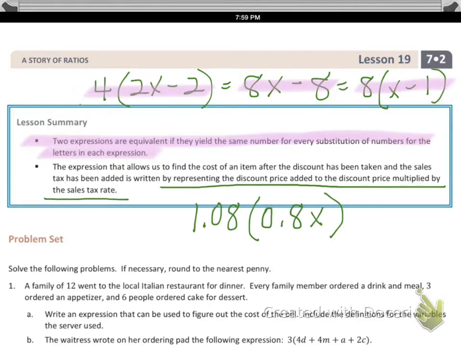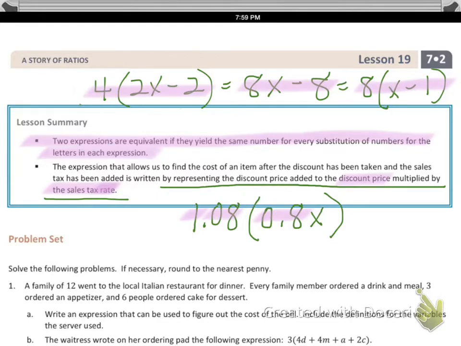So the sales tax rate in this case is represented by the 0.08. Okay, the original price is represented in the 1, and then the discount price is represented by the 0.8. Okay, because we have taken a couple of these steps out.